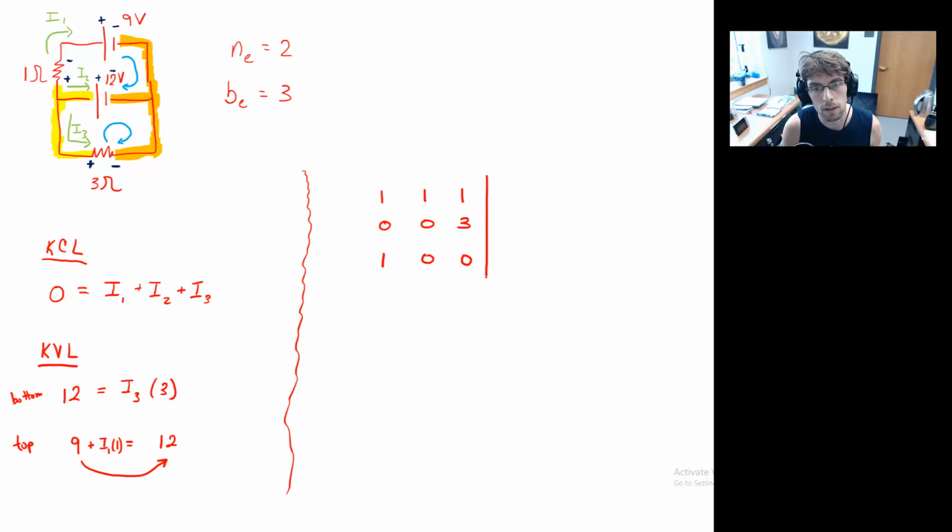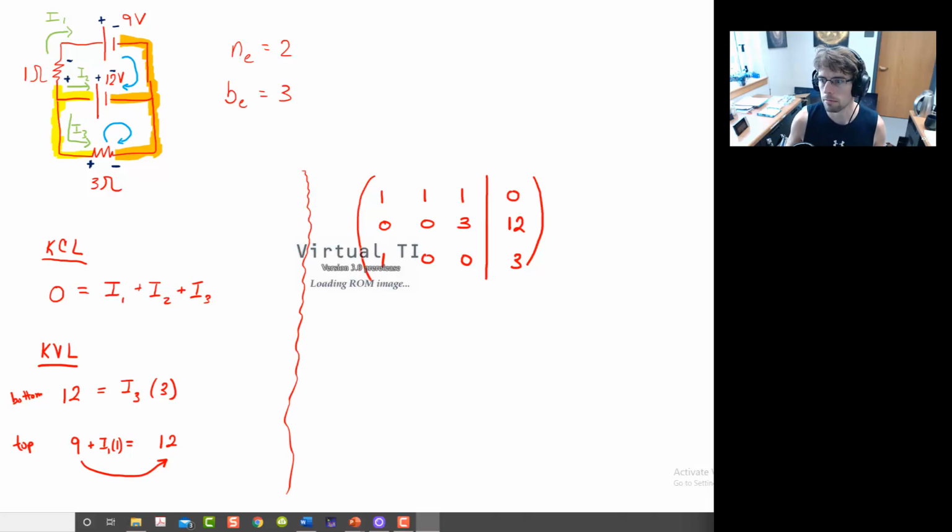I'll write this in augmented matrix form. So this is 0, 12, and 3. Right? Okay, good.